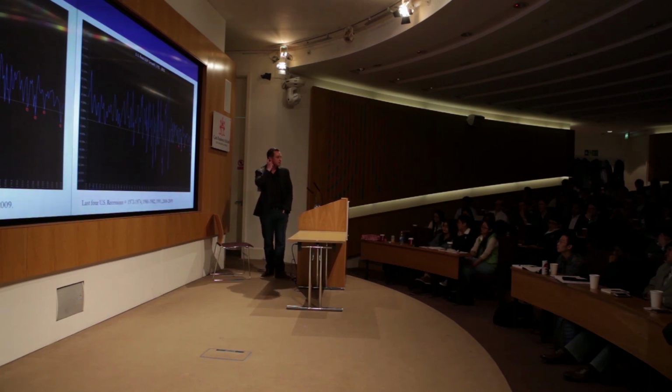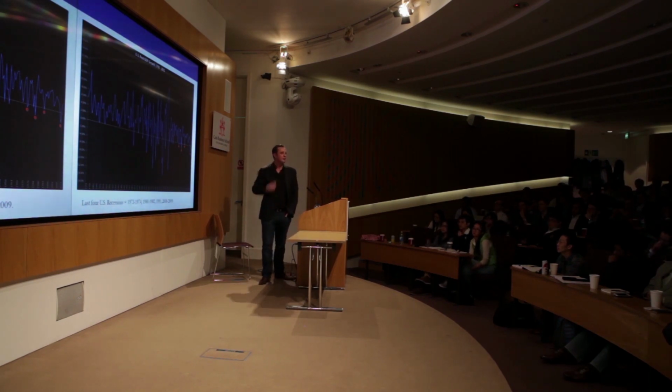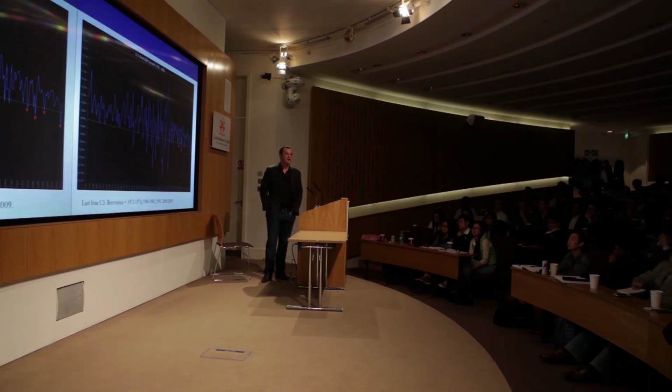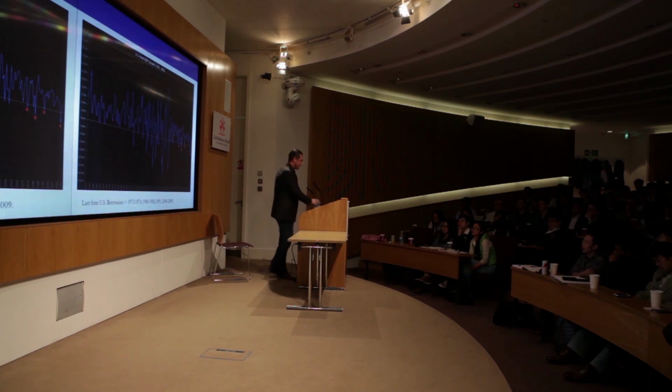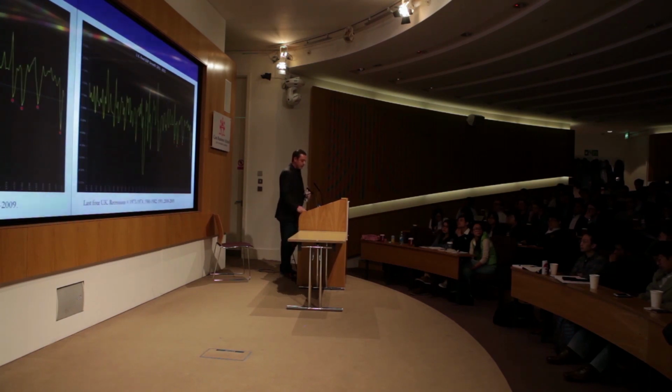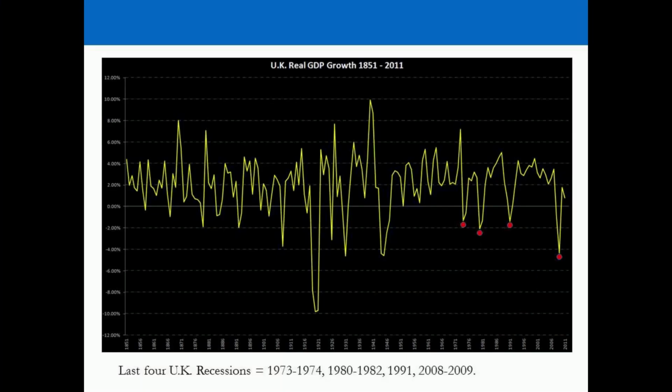When we flick onto the next page, we're going to look at the UK. What do we think the UK looks like in terms of the last 4 recessions? What do you reckon? Exactly the same.